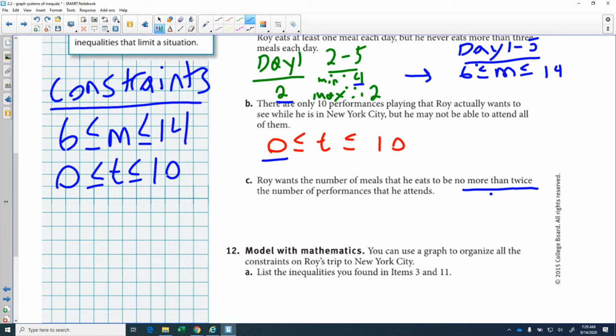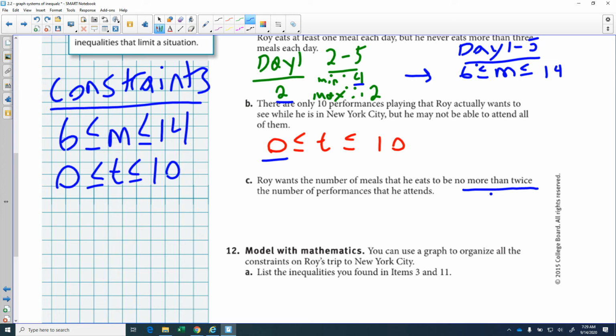So basically that means if he has 10 meals, he wants 5 tickets or 5 performances. If he has 5 performances, he wants 10 meals because that's twice the value that he had.